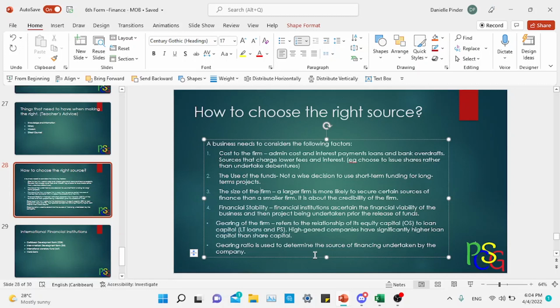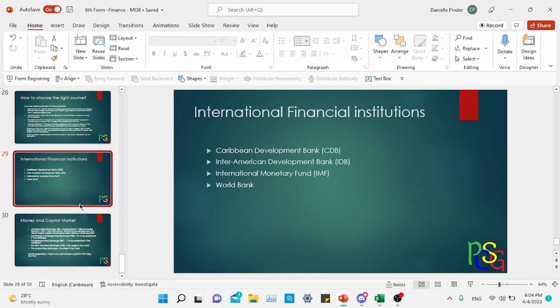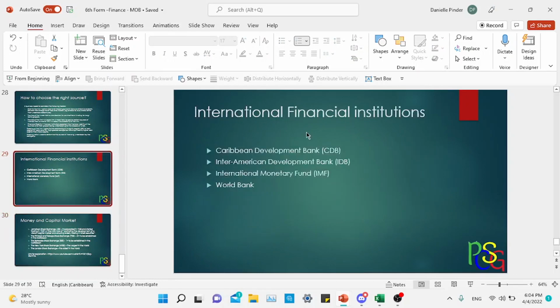And you are going to need a very good financial manager as well. So honestly, these are just the international financial institutions. I wouldn't really go into that all that much.